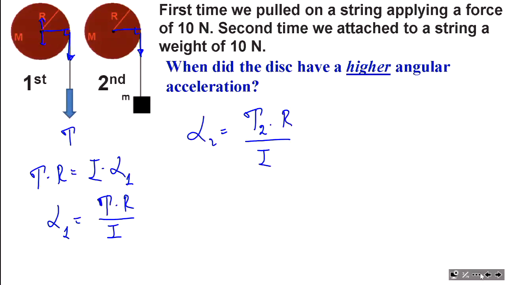It's the same disk. Well, technically, I don't know if the tension is different or the same. That's another part of the reasoning. T1, T2. And Newton's second law for rotational motion cannot answer the question about tension.